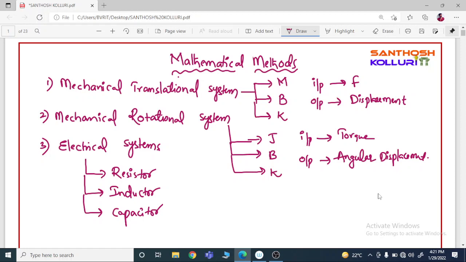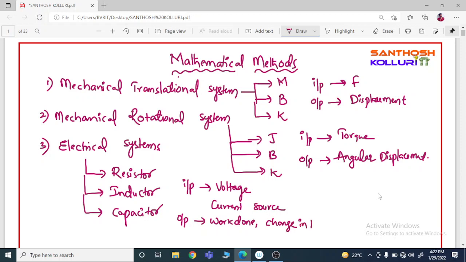Here the input may be a voltage source or a current source, and the output may be work done or charge in the circuit. So after finding the mechanical translational and rotational systems, we need to match them with electrical systems.